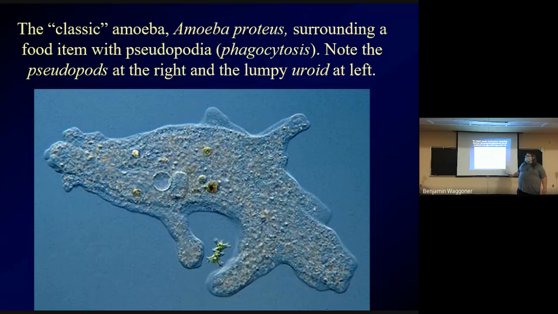And the amoeba is sending out multiple lobe-shaped extensions of itself. Those are the pseudopods. And in fact, you can see two of them that are reaching around and about to fuse and engulf a helpless green alga. That's phagocytosis. Okay, this amoeba does not bother anybody. These are free-living and perfectly harmless.